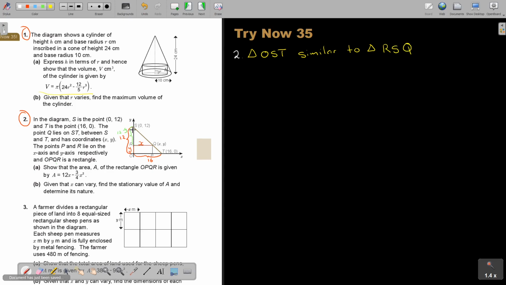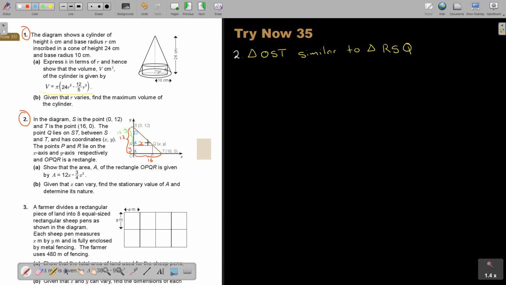What I want you to see is that this triangle is similar to this triangle, but it's very, very important the way you name it. If these two triangles, the big one and the small one, are similar, I know that this angle is as big as this angle. Okay, this angle is similar.